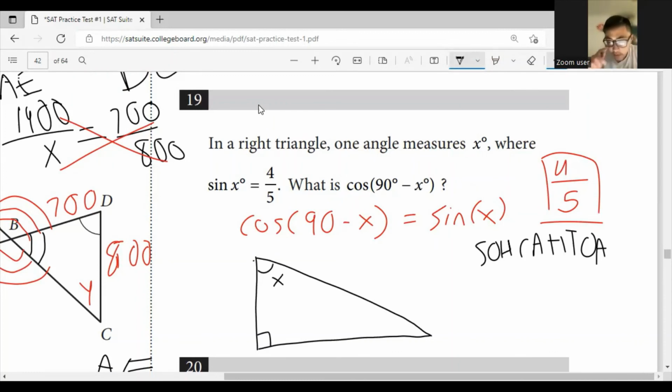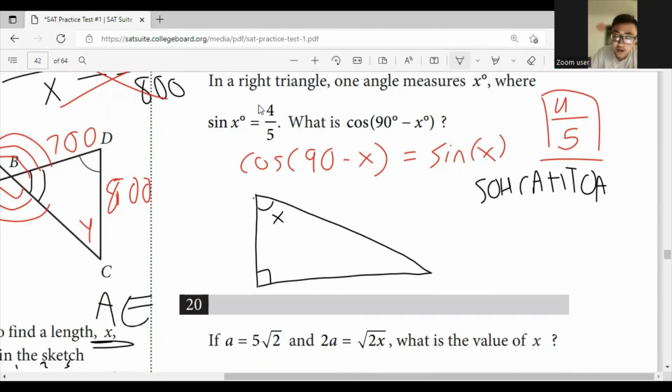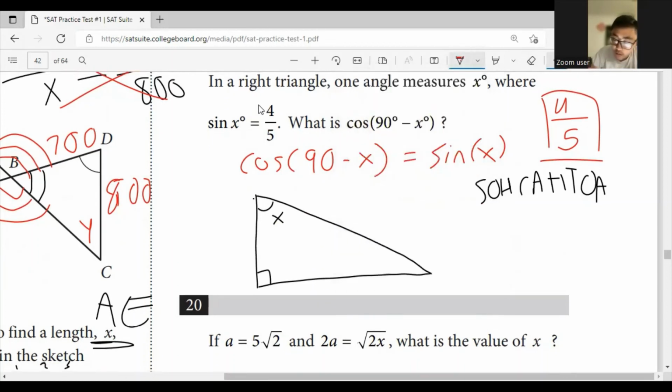If I wanted to find sine of x, which is equal to 4 over 5, I know that's opposite over hypotenuse. So the opposite would be proportion 4. The opposite would be here. Hypotenuse would be up here, right?